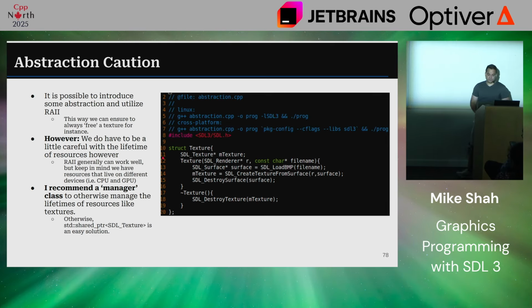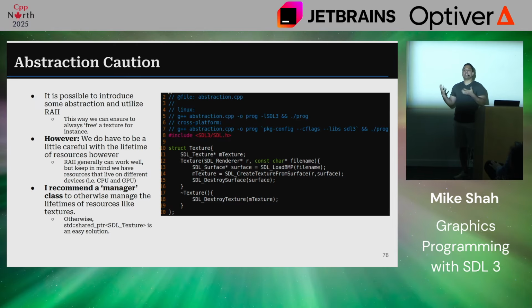Okay, so a few things though. As you start to say, wow, we got this cool animated texture, let's start abstracting on top of it. Well, one thing to keep in mind is where are we allocating these resources? One of my favorite features, perhaps maybe the best feature, of C++ is RAII.